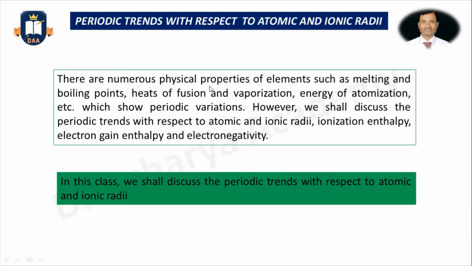There are numerous physical properties of elements such as melting and boiling points, heat of fusion, vaporization, energy of atomization, etc., which show periodic variation. Here we will discuss atomic and ionic radius, ionization enthalpy, electron gain enthalpy, and electronegativity.